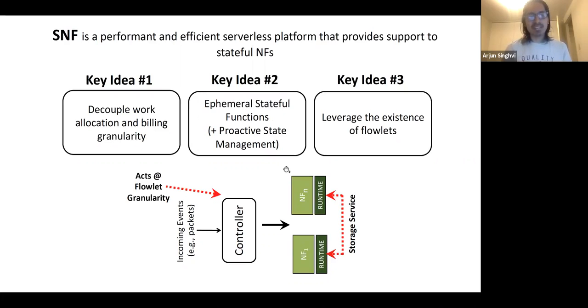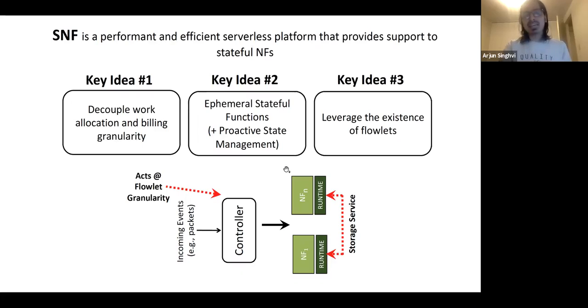The first is that, given the negative aspects of coupling work allocation and billing granularity, in SNF we decouple them. Functions still operate at the per-packet granularity, which is the intuitive way programmers think, but the controller, instead of acting at the per-packet granularity, acts at a flowlet granularity, which I'll get to shortly.